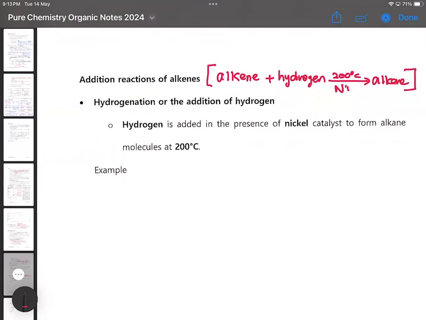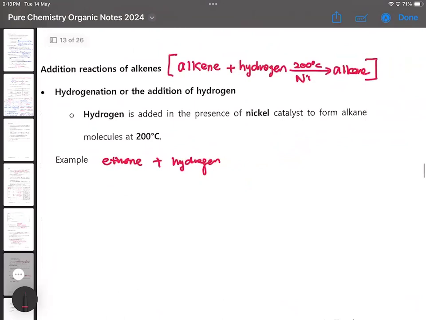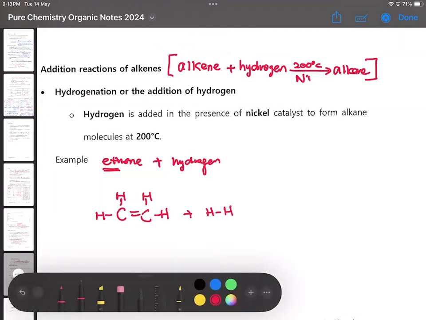So let's take the case of ethene plus hydrogen. What actually happens? Ethene, as you know, is a 2-carbon alkene. So I have a CC double bond, with 2 hydrogens on each side, reacting with another hydrogen. I'll change the color for this so you can see the addition portion.